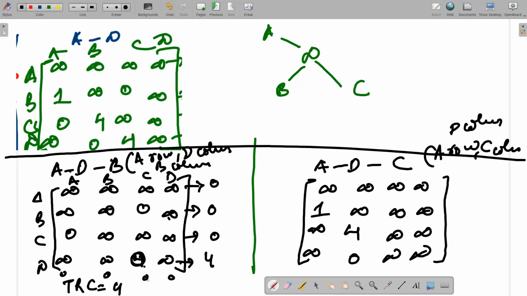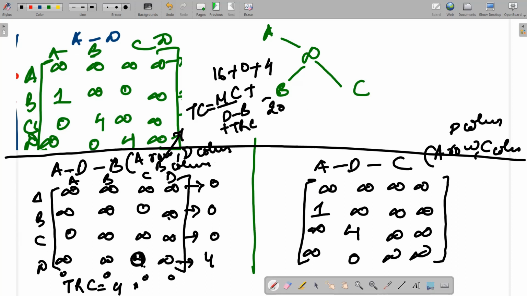Then we have to calculate the total cost: minimum cost plus D to B cost, since we are going from D to B, plus total reduction cost. The minimum cost is 16, D to B cost is 0, plus total reduction cost 4. The answer is 20. So this gives us 20.